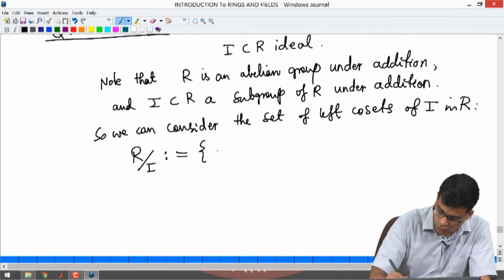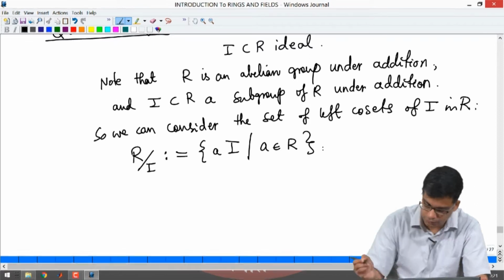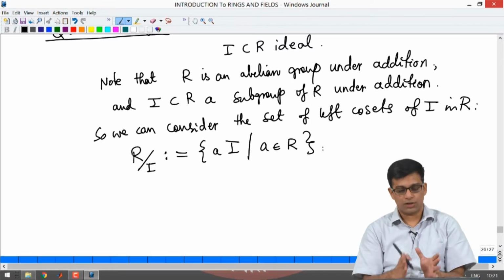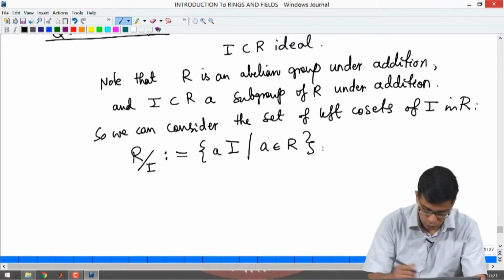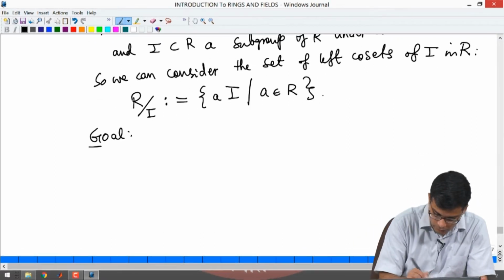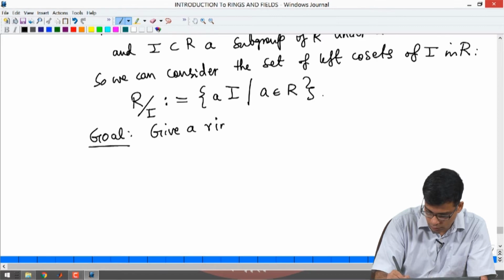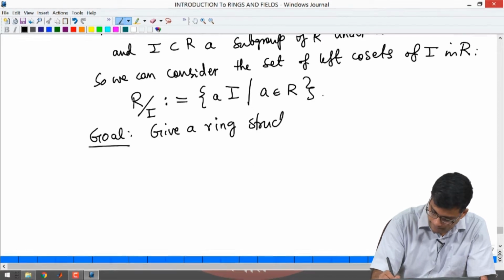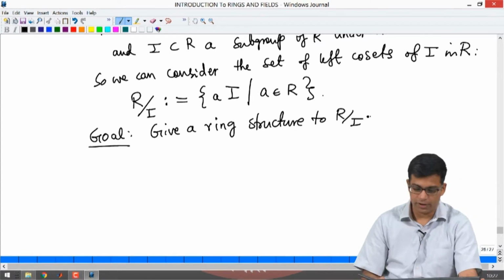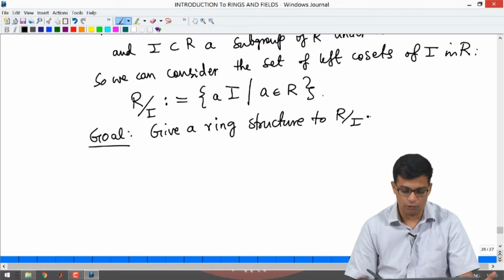So, these are left cosets. These are things of the form aI, a in R. Okay. So, my goal is to give a ring structure to R mod I. What does it already have?